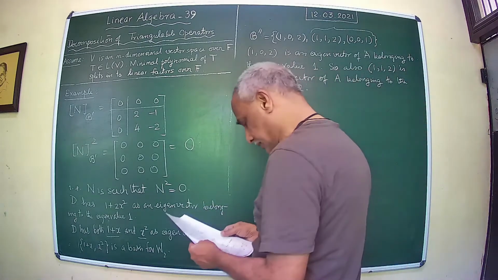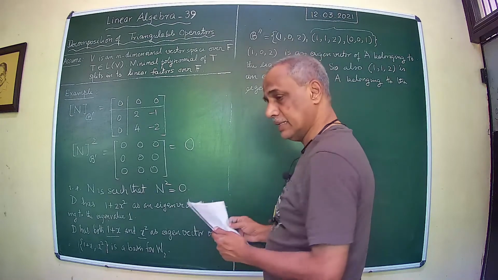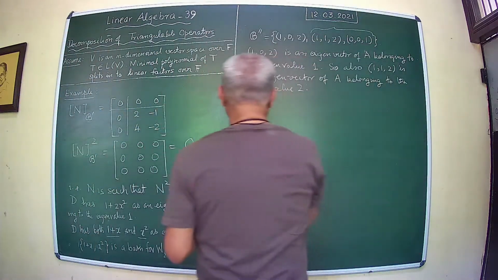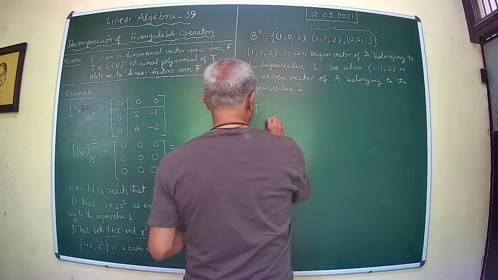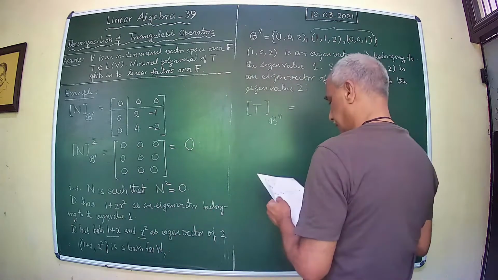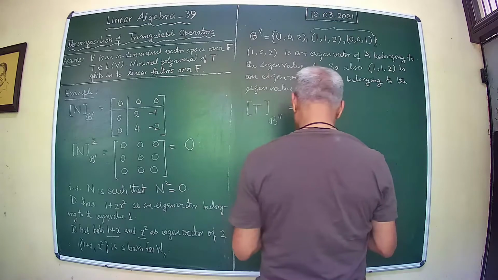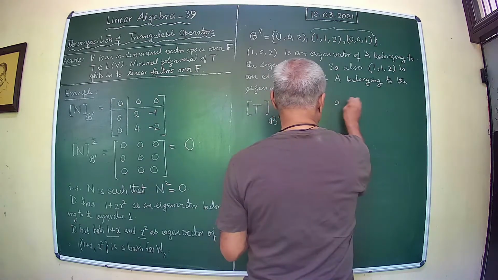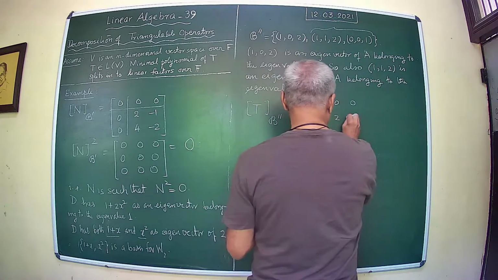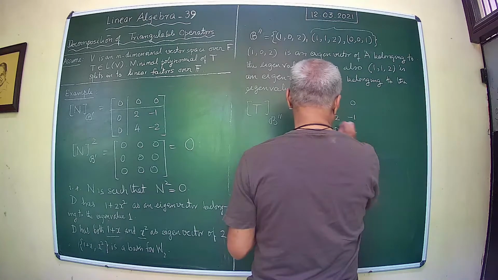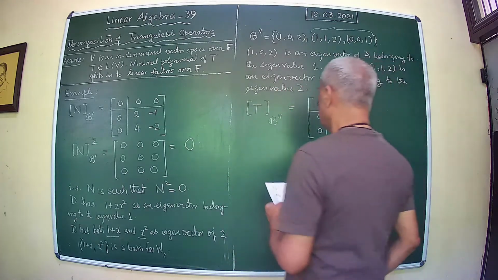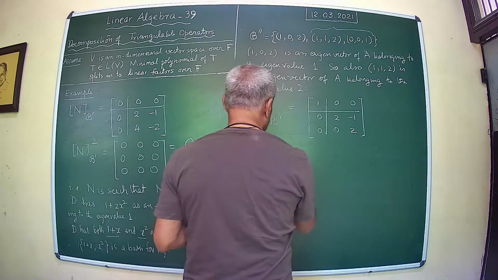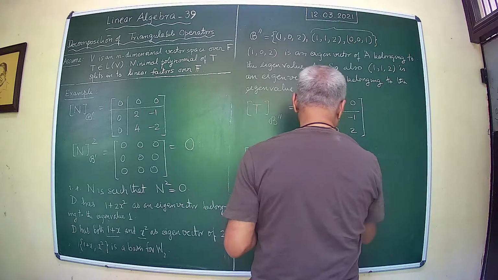Now proceeding as before, one can show that the representation is given by this. Then with respect to B double prime, you choose 1, 2, 2.